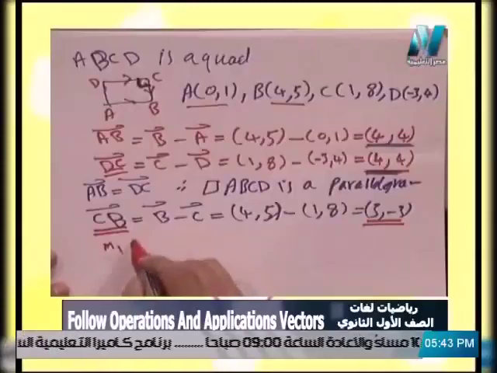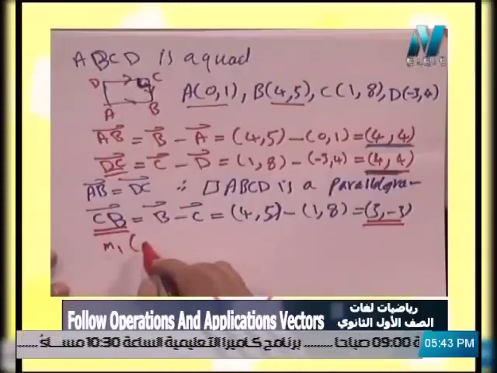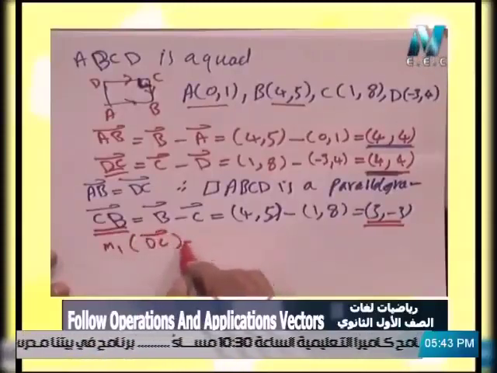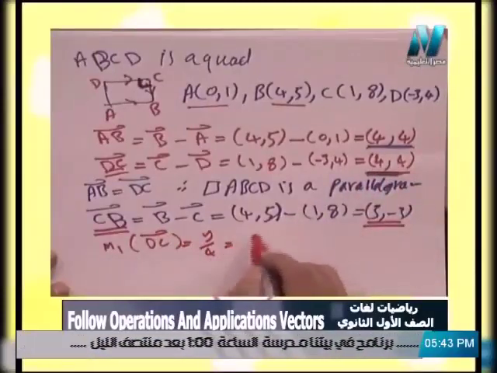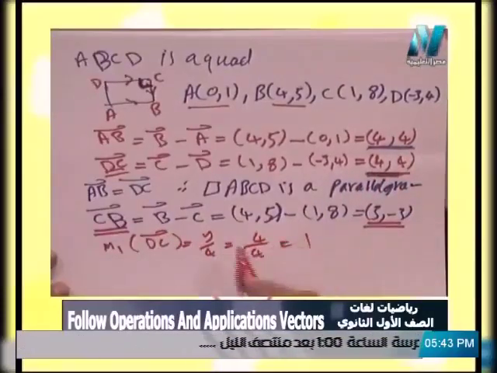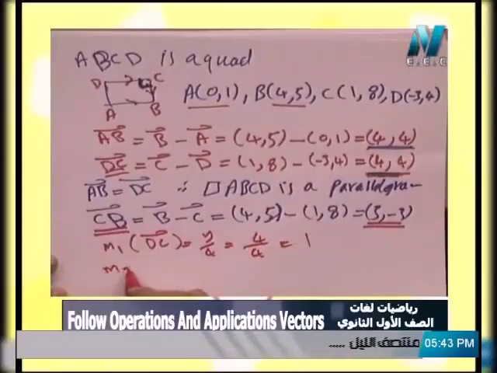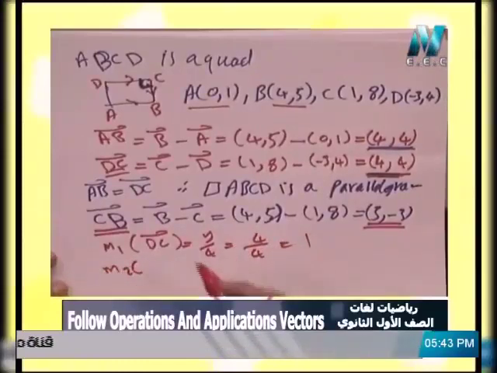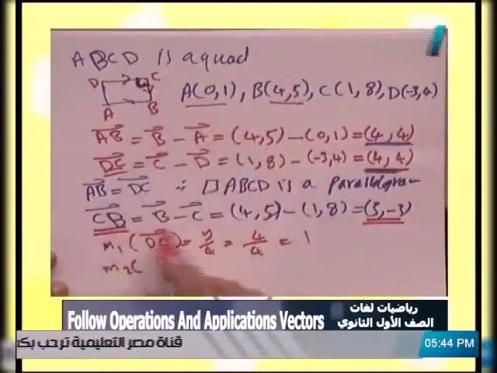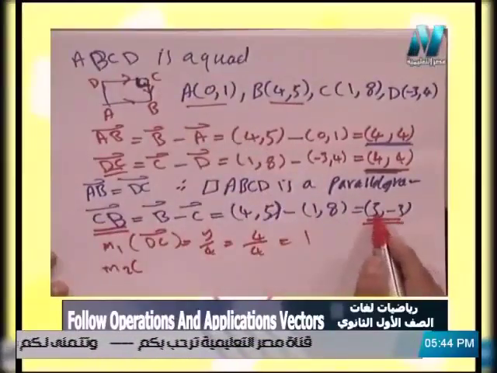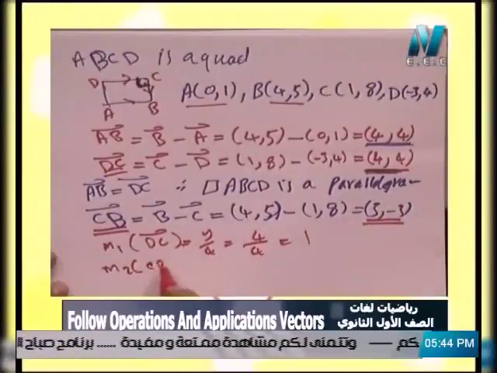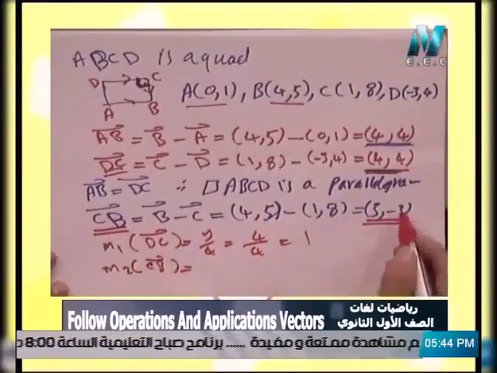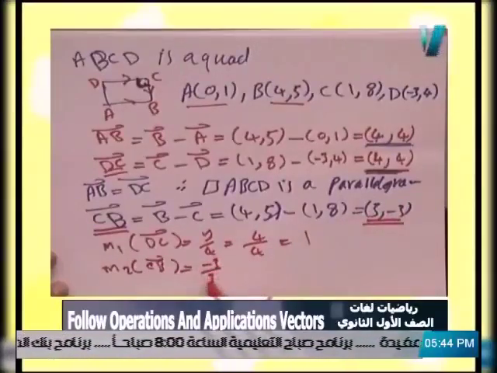The slope, which is m1 of DC, equals y over x, which is 4 over 4 equals 1. And the other slope, of the vector CB, is y over x, which equals negative 3 over 3, which is negative 1.